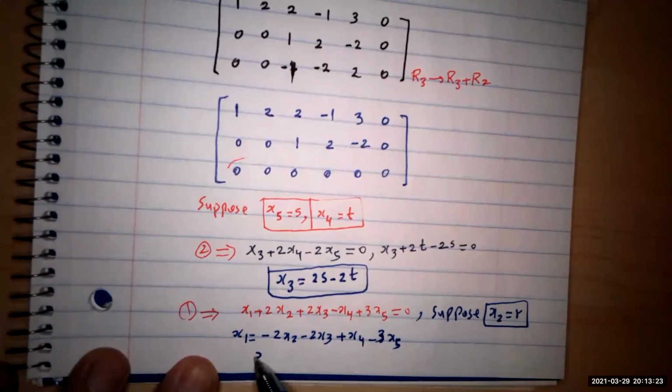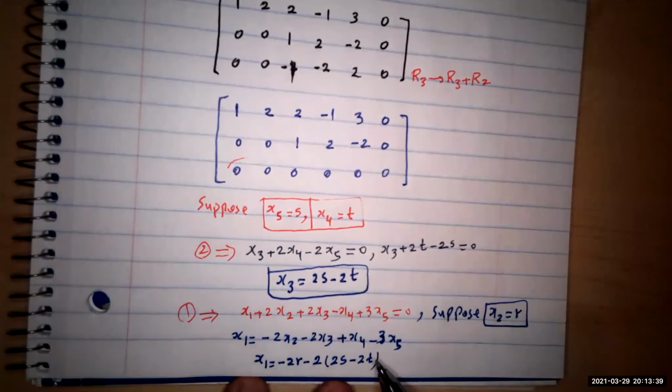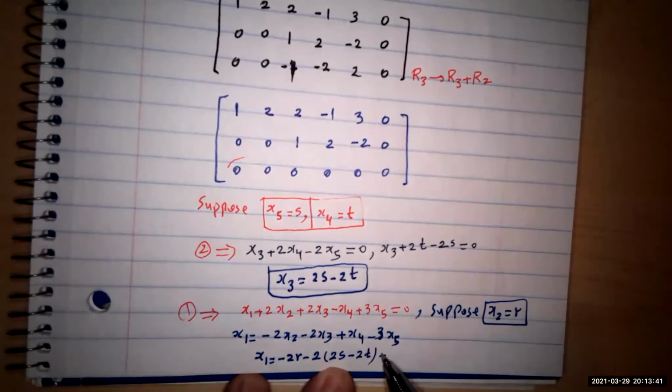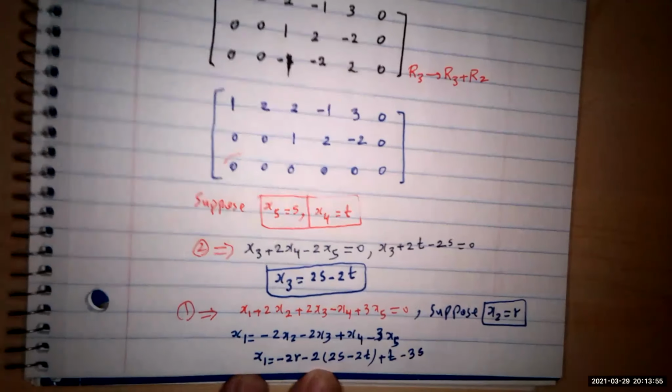Now, if you substitute, your x1 would be negative 2x2, which is 2r, minus 2x3, which is 2 times 2s minus 2t, plus x4, which is simply t, and minus 3x5, which is minus 3s.